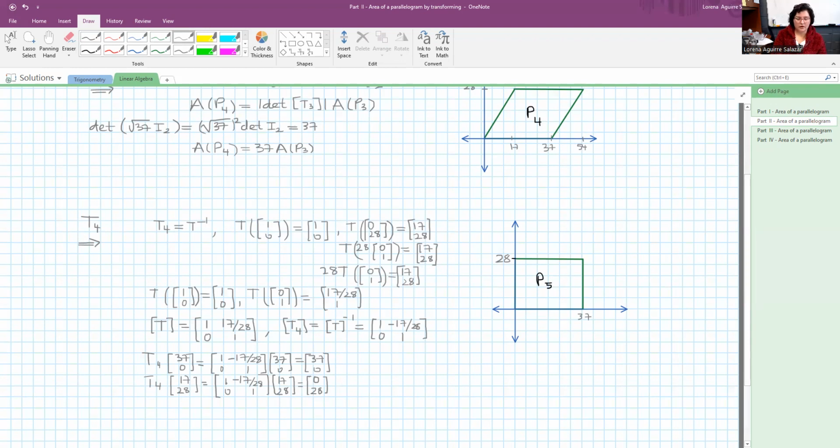The other vertices will be mapped, (0, 0) into (0, 0), and the other vertex into (37, 28). And the area of the new parallelogram is the absolute value of the determinant of the matrix associated with T4, the transformation we used to go from P4 to P5, times the area of P4.